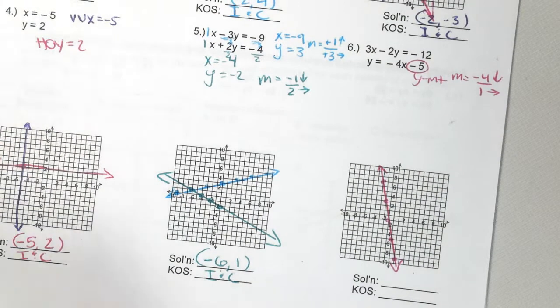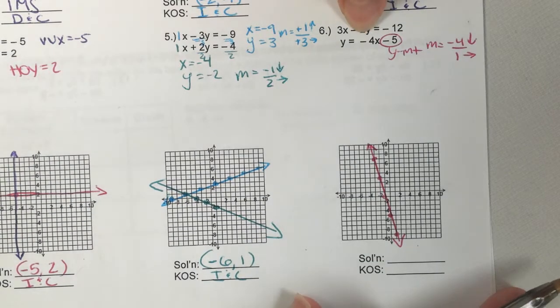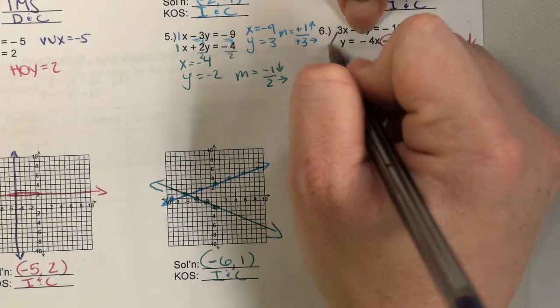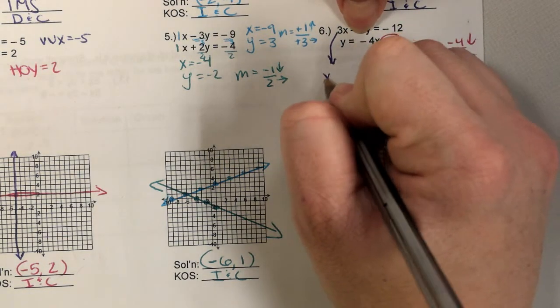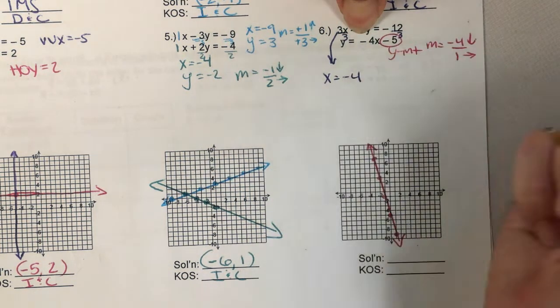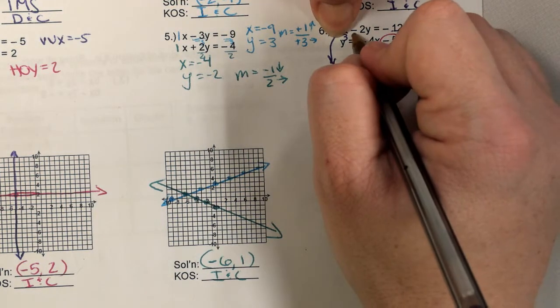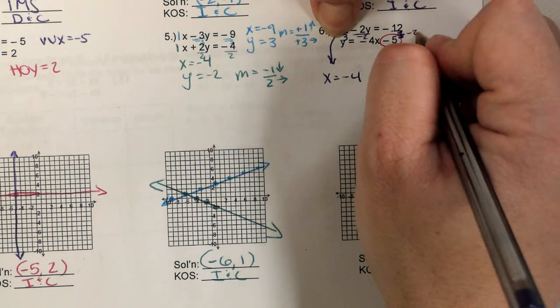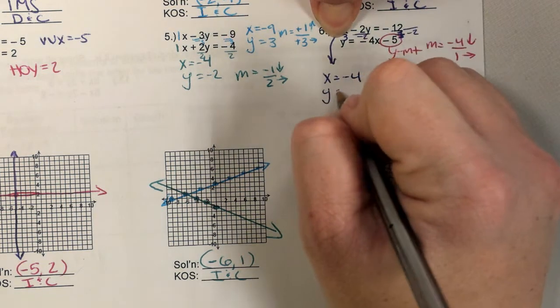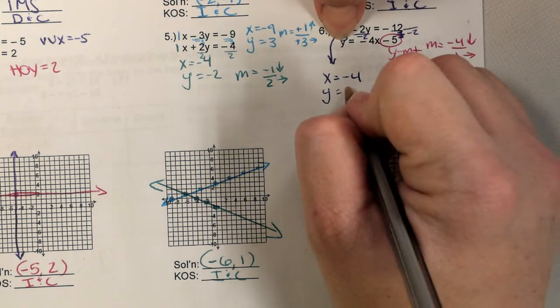Okay, and then my other line is going to be standard form. So my x-intercept, I would divide both sides by 3, and that gives me -4. So for my y-intercept, I would divide both sides by -2, and I get 6.